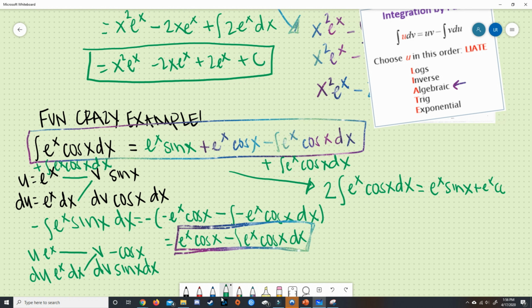Now here's the deal. I want to figure out what the heck the integral of e to the x cosine of x dx is.